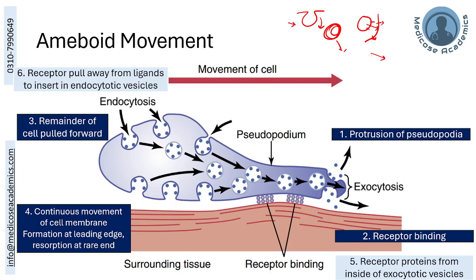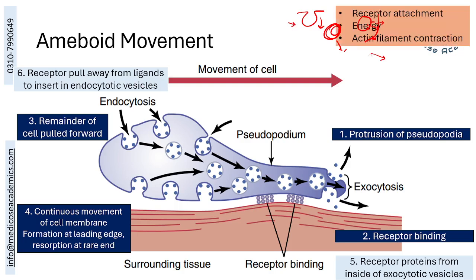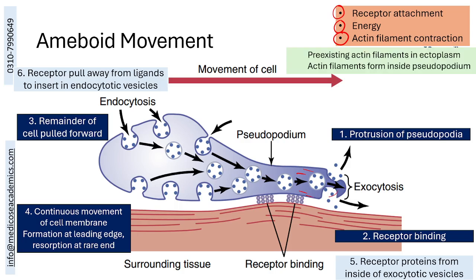So receptors keep on moving from the rear end to the leading end, and thus this is the interplay of provision of energy, receptor attachment, and actin filament contraction present in the ectoplasm, which was also assembling in the protruded pseudopodium, thus providing the movement of the cell from the rear end to the leading end.